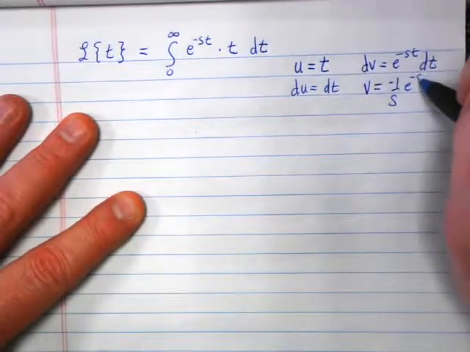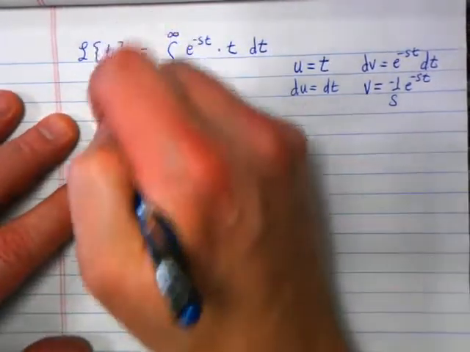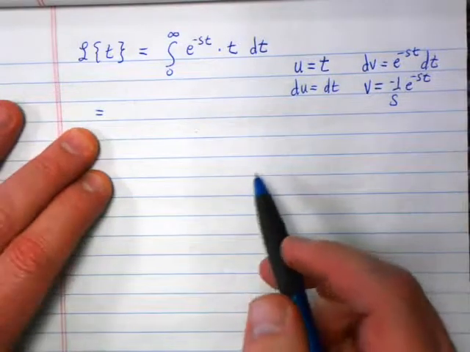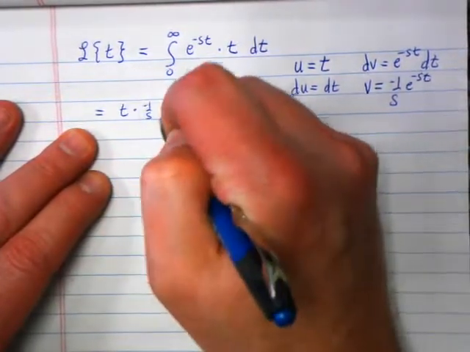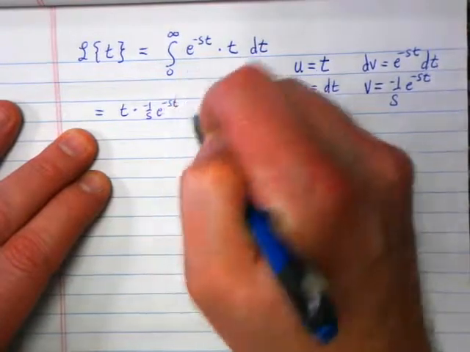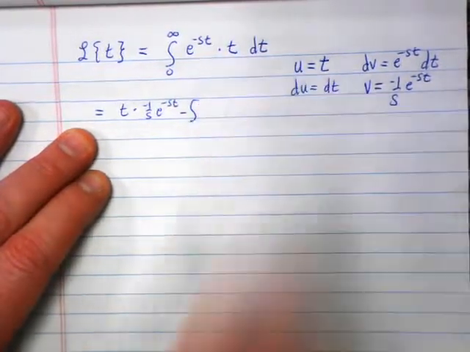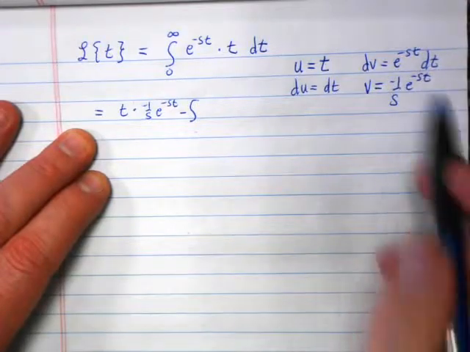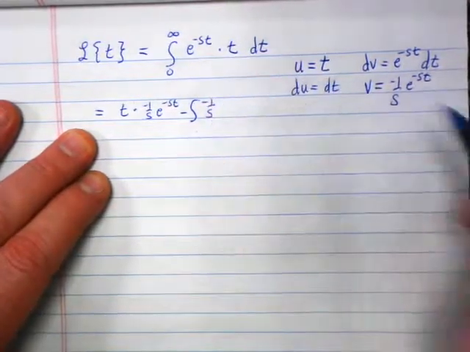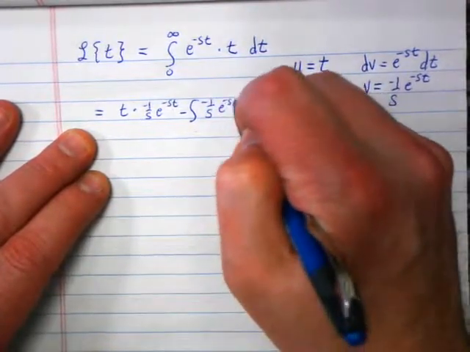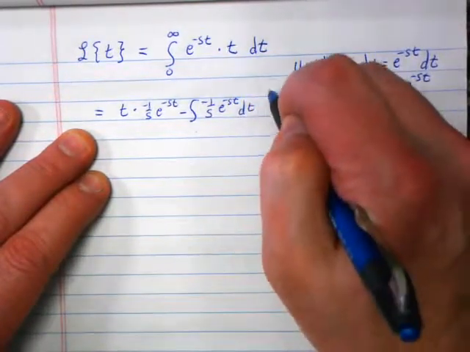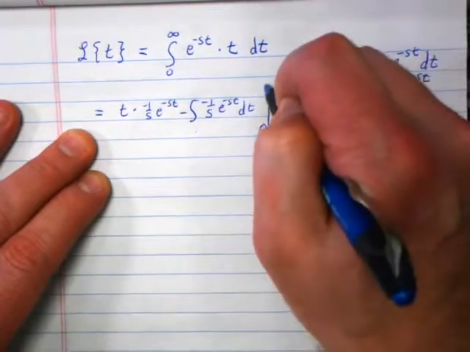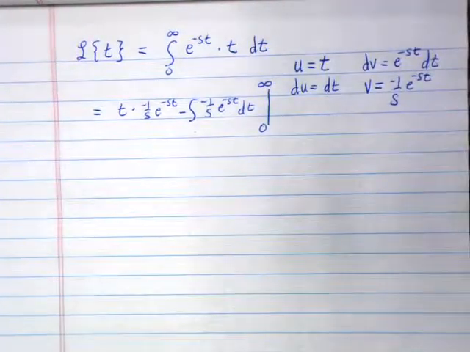Negative 1 over s e to the negative st. So I'm going to have u times v, that's t times negative 1 over s e to the minus st, minus the integral of v, which was negative 1 over s e to the negative st, times du, which is dt. And then, after I get all done figuring this integral out, I've still got to evaluate from 0 to infinity.